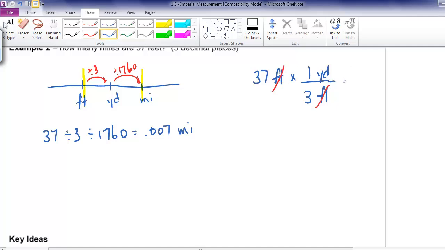But we don't want yards, we want miles. Well, that's great because we do have a relationship that gives us what we want. So in the end, we want miles, and that's what we are left with. When we do this calculation on our calculator, of course, we get the same answer.